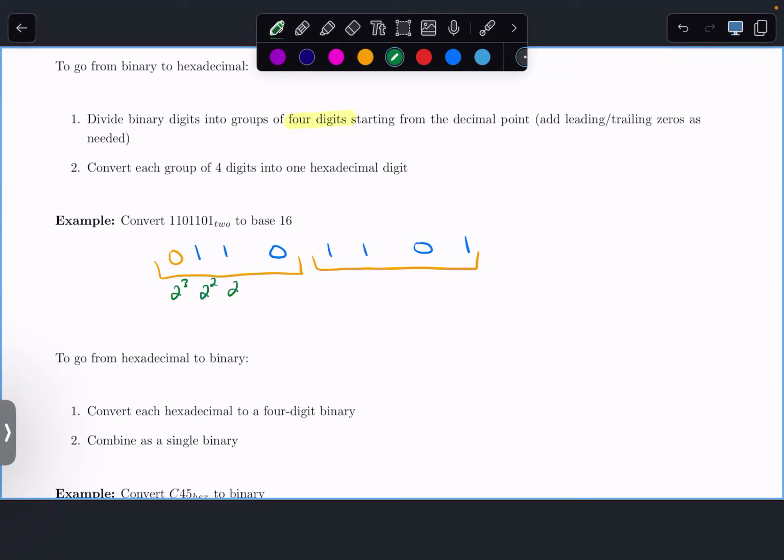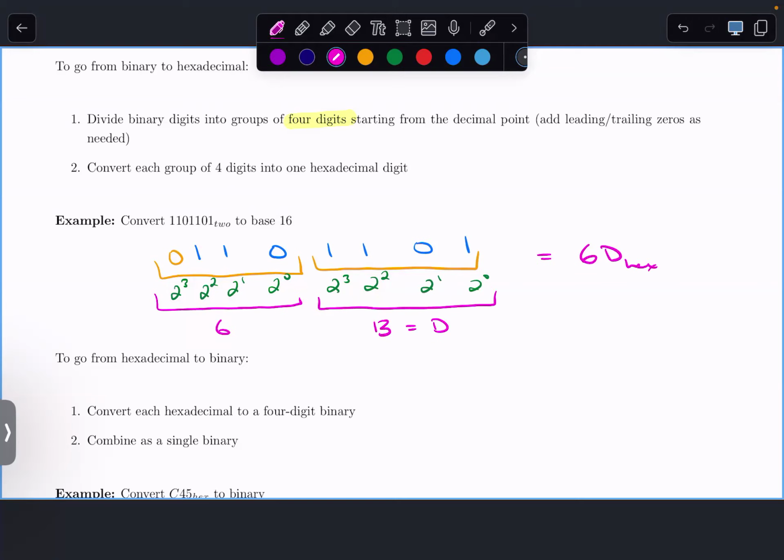I'm not very quick on the conversions. But I get 6D in hex.